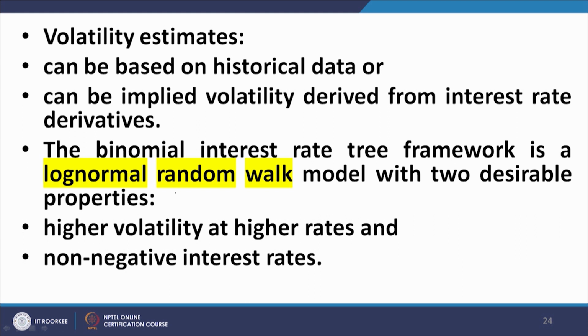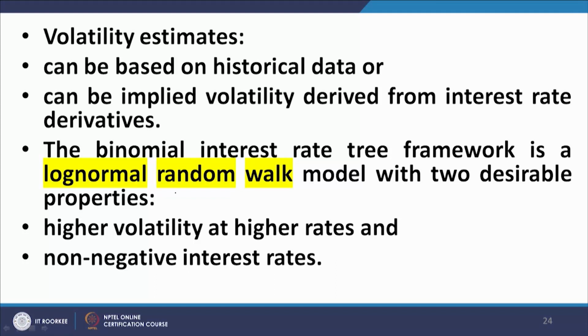The binomial interest rate tree framework is a log normal random walk. I discussed this when I talked about the stock price model in the financial derivatives course. I shall talk a little bit about it again when I talk about stock price modeling.